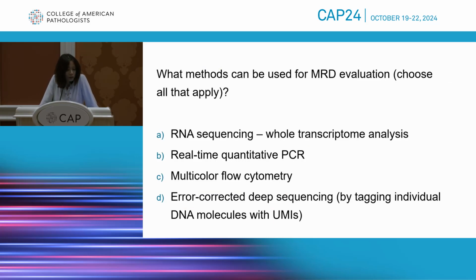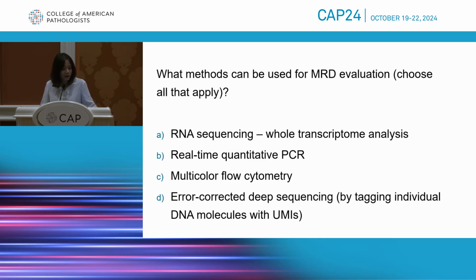So I guess this would be the poll question for this. We are talking about what methods can potentially be used for MRD evaluation. And I think Dr. Furtado has given the answer away in the very beginning of this talk, so this is an ultimate test if anybody missed that first part. Option A will be RNA sequencing.